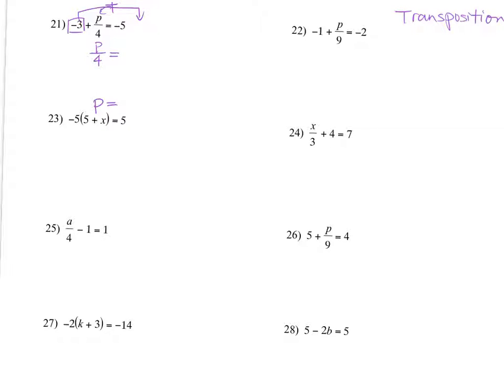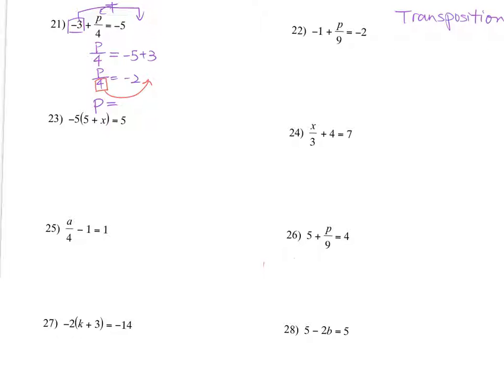And so I should have p over 4 left on the right-hand side, and then the other side becomes -5 plus 3. And if I simplify the right-hand side, I should have -2, right? Now, just to be obvious, over here, I don't want this 4, and so I have to bring that 4 to the other side.